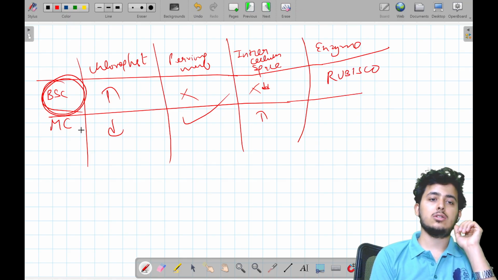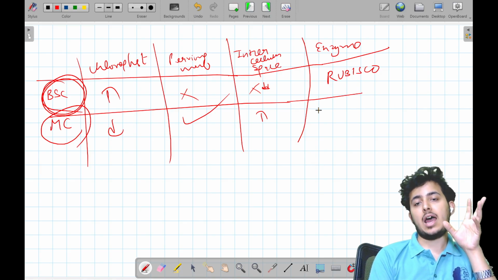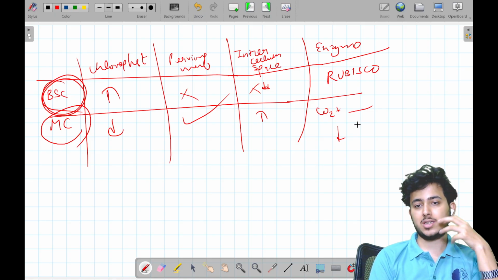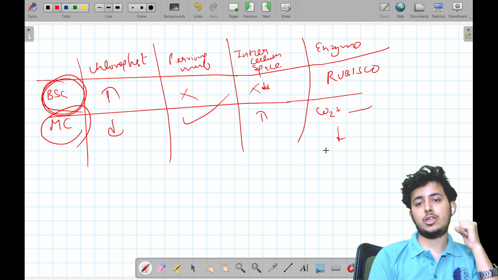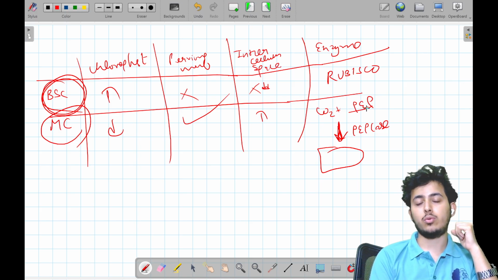And the mesophyll cell will have one enzyme that adds carbon dioxide to a particular substrate, that is the primary carbon dioxide acceptor, and converts it into a product. That is nothing but PEPcase, and the substrate is PEP, phosphoenol pyruvate.